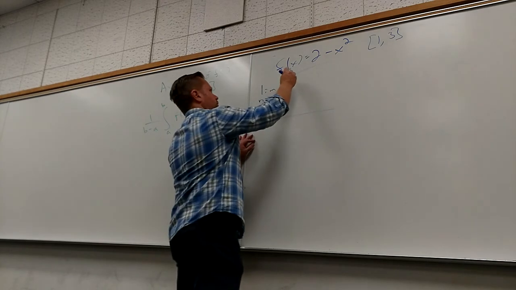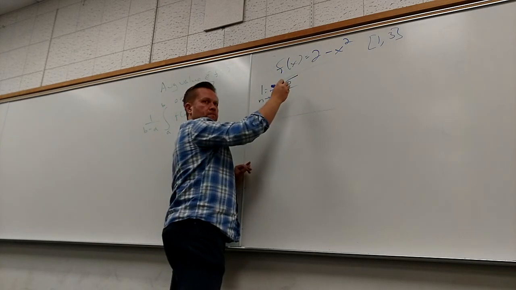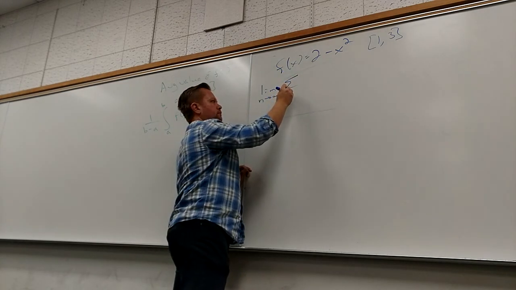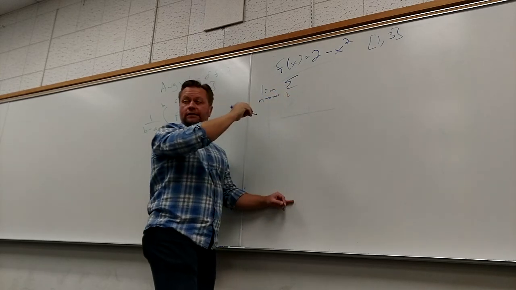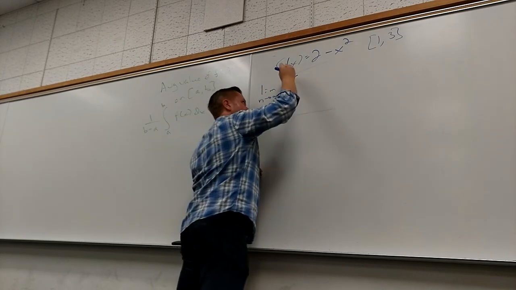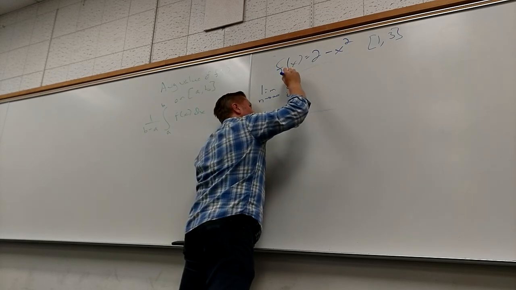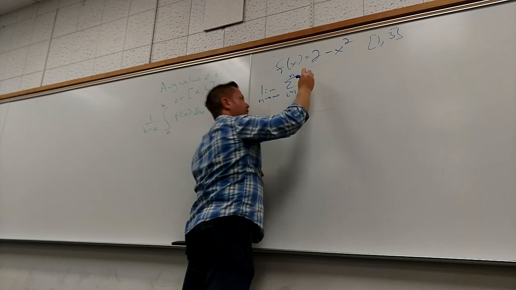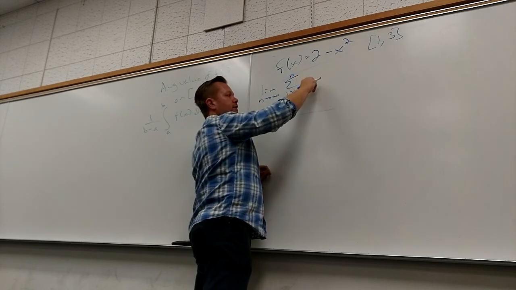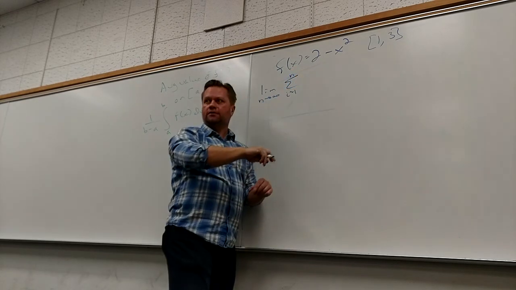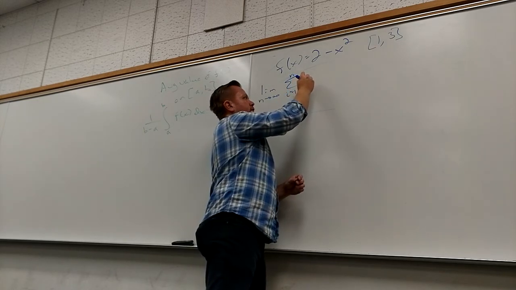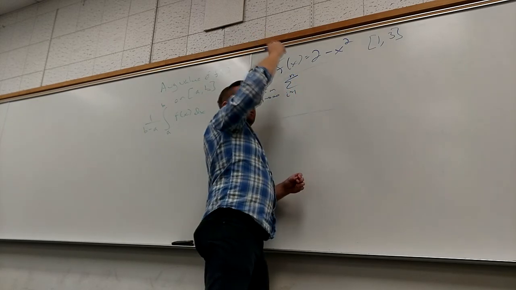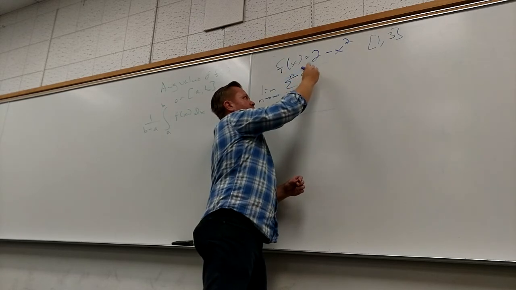Okay. Sum, i equals 1 to n. Height times width, right? It's just a rectangle. So the height is f of xi.